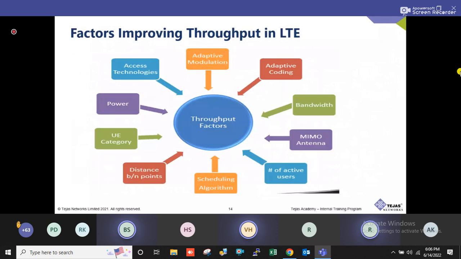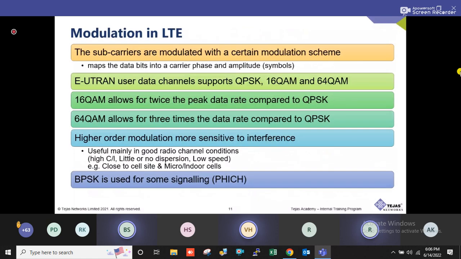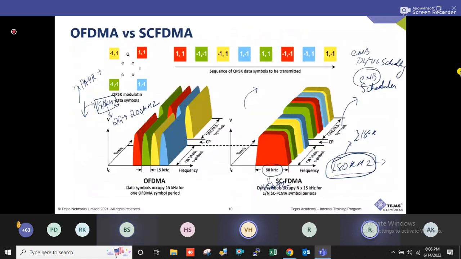To understand this table, we need to understand this granularity. What do you mean by 15 kilohertz? How is the grouping done? As we got a very good question, why it is 180 kilohertz? To understand this, we need to understand certain concepts with respect to this guard band and why we are giving that gap, right?